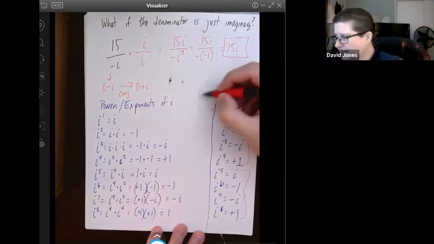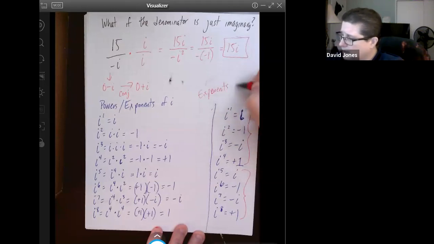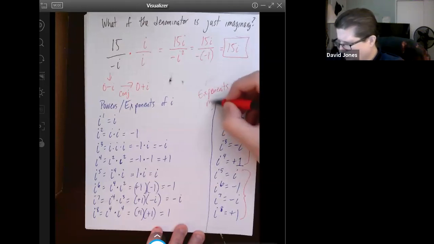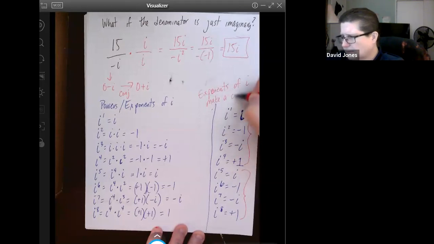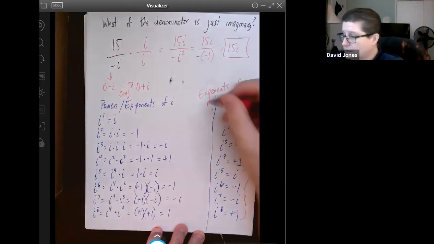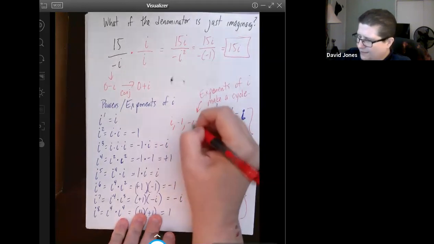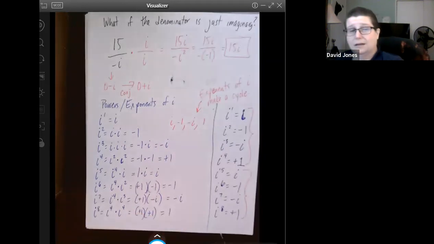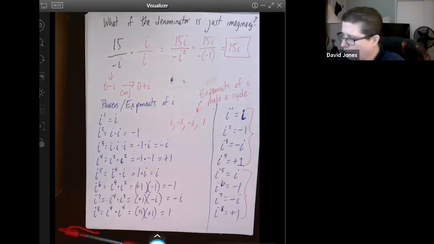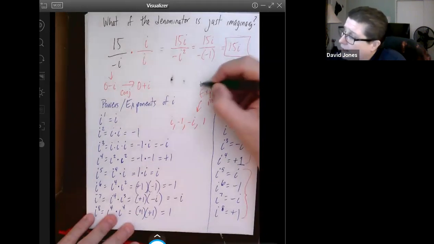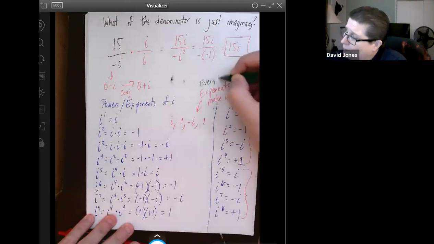Exponents of i make a cycle: i, negative 1, negative i, 1. It's a cycle that repeats itself, and notice it's every 4 powers of i.